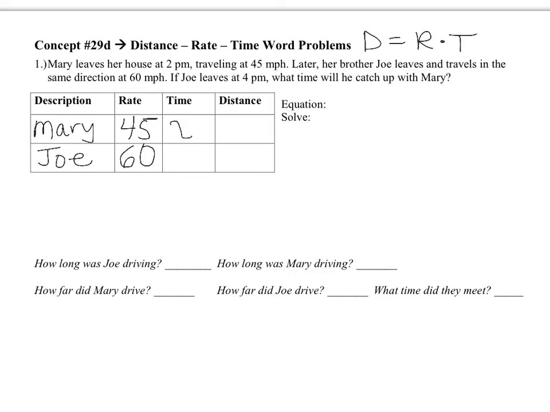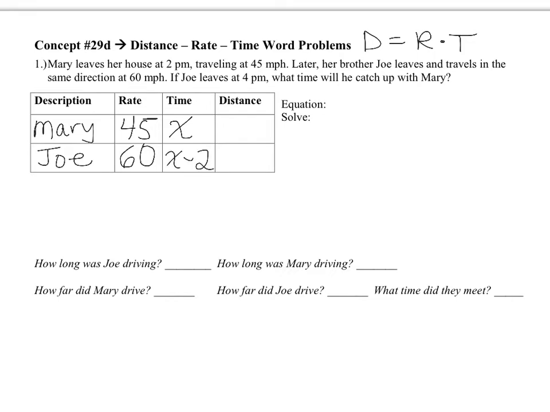And now think about it. Mary's been traveling. She left first, right? She left at 2 p.m. She is traveling. And then Joe leaves at 4 p.m. Well, what's the difference there? The difference there is 2 hours. So Joe's traveling is X minus 2. Now let's think about why it is subtraction.